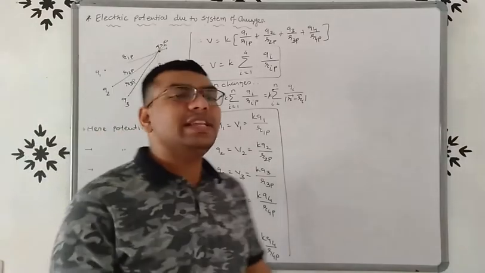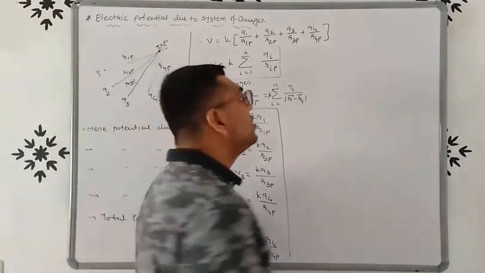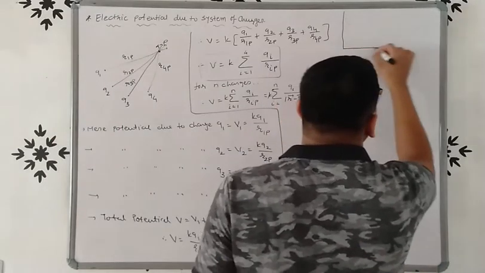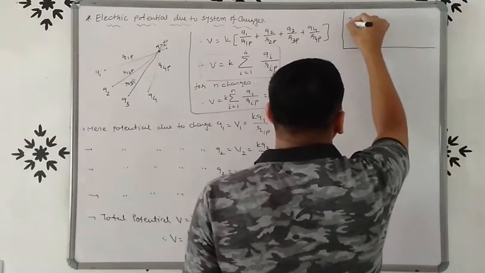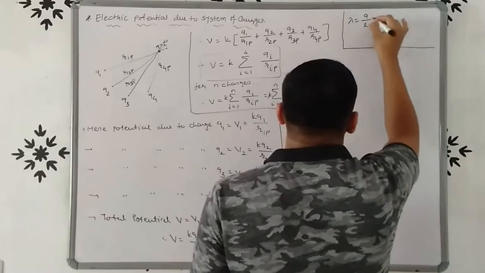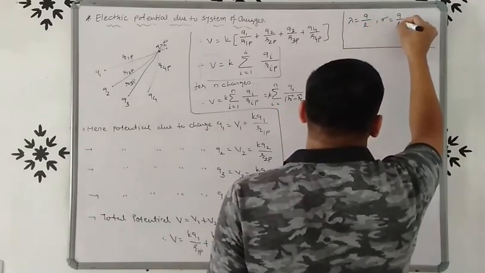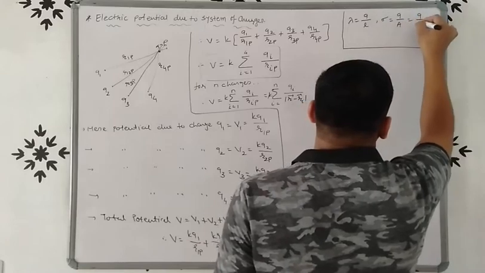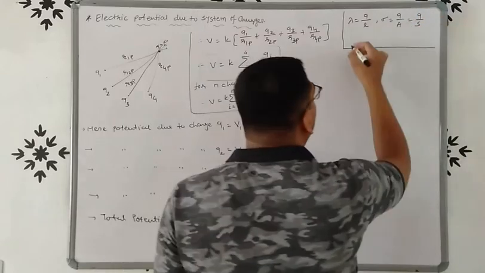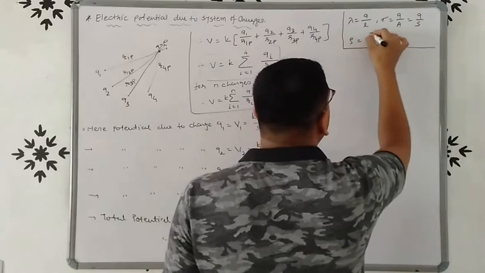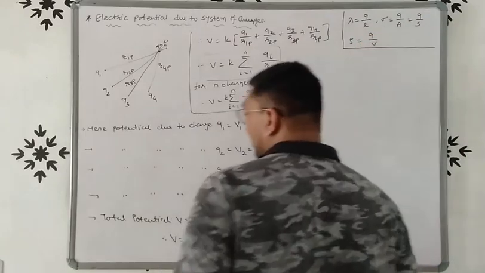So friends, we already know that for linear charge distribution, linear charge density lambda is equal to q by l. Then surface charge density sigma is equal to q by a, or you can say q by s. And volume charge density rho is equal to q by v. Right?